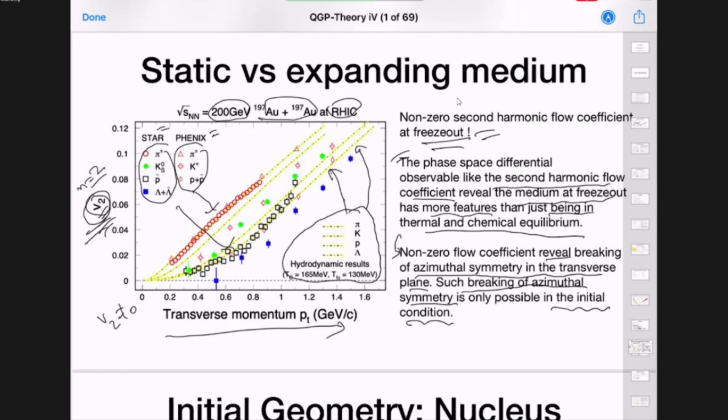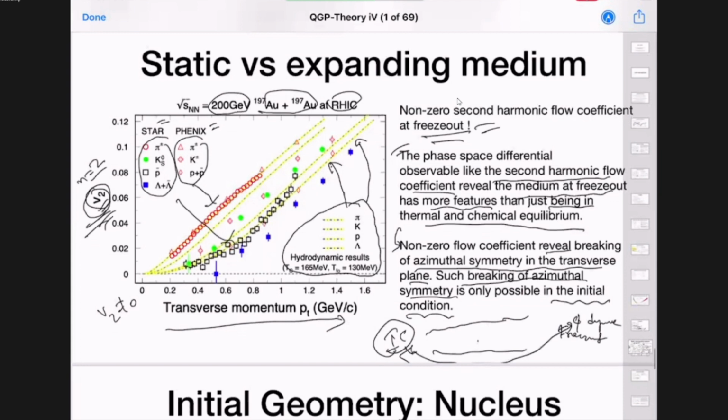Because between the initial condition and the freeze out, it is just an expansion, and the expansion by itself cannot break azimuthal symmetry. So if at freeze out we see a phi dependence, that dependence must have come from the initial condition itself.